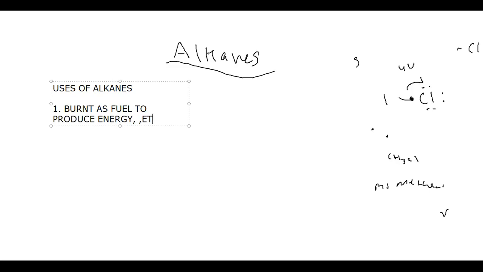For example, methane, ethane, etc. A second use of alkanes is to produce heat. It's also used to produce hydrogen gas via heat forming, right? H2 gas.